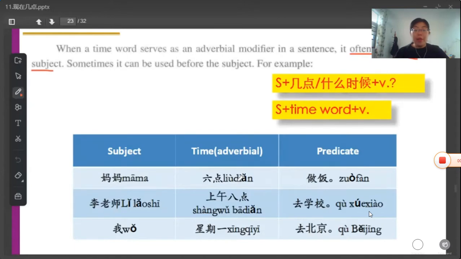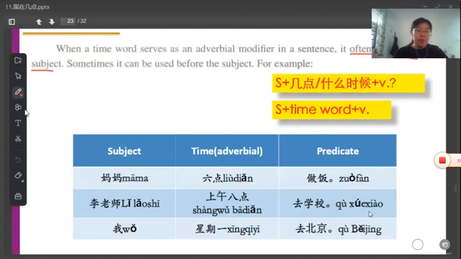妈妈6点做饭. And the next sentence, 李老师上午8点去学校. It means Teacher Li goes to school at 8 o'clock a.m. We put the time word after the subject. 我星期一去北京. I go to Beijing on Monday.